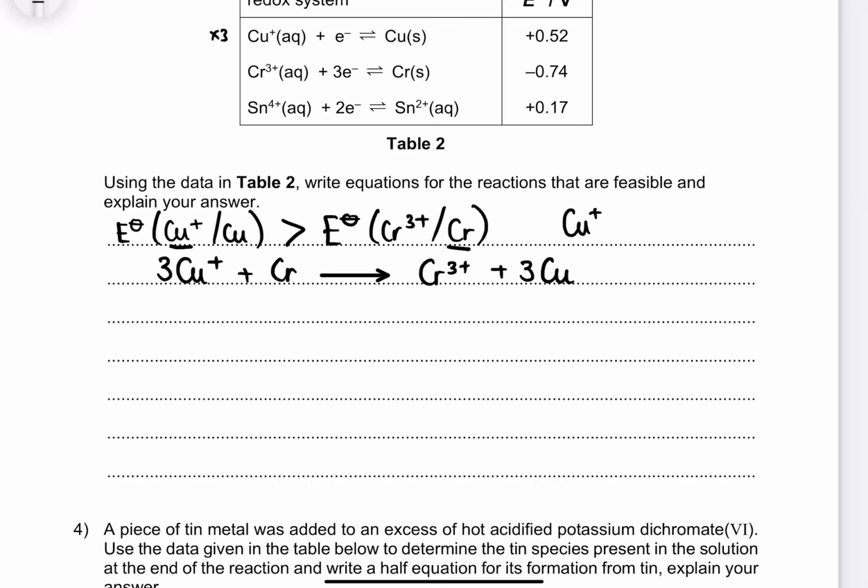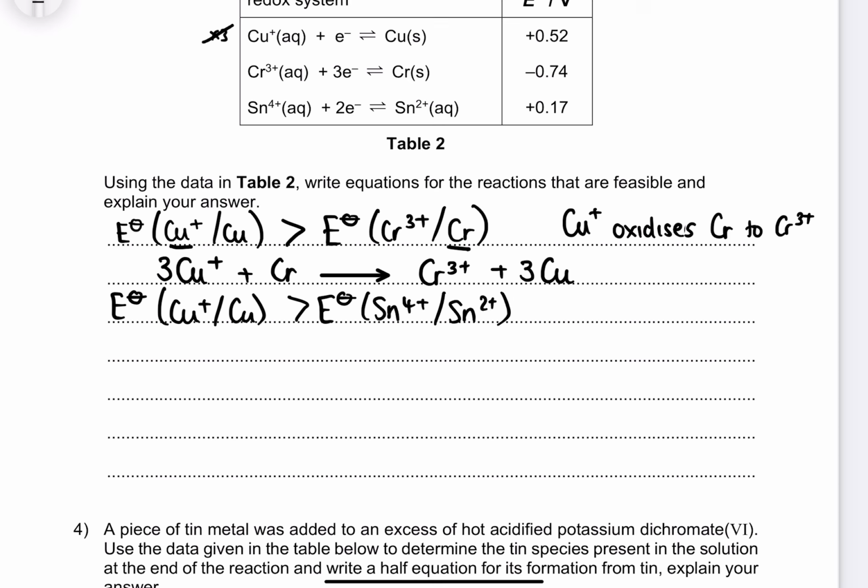That'll be our first example. Cu+ oxidizes chromium to chromium 3+. Our next combination, well, that 0.52 is also greater than 0.17.